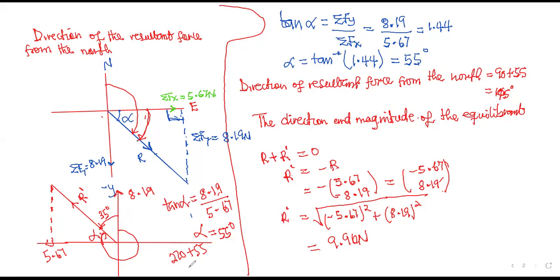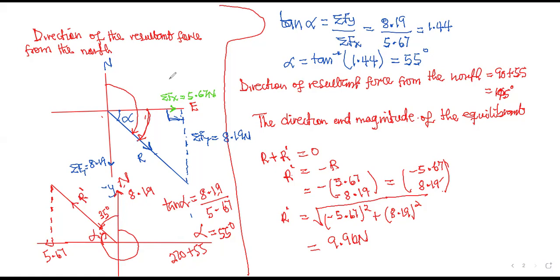When you go this angle, this is 325. It will be longer. But when you turn an angle of 35 degrees anti-clockwise from the north, you face the direction. So 325 is a possible direction, and this is also another possible direction.